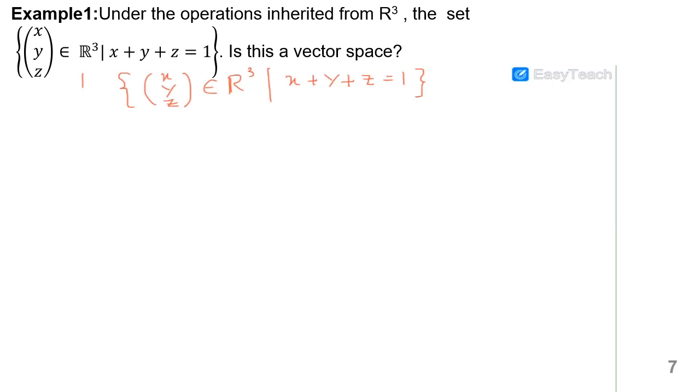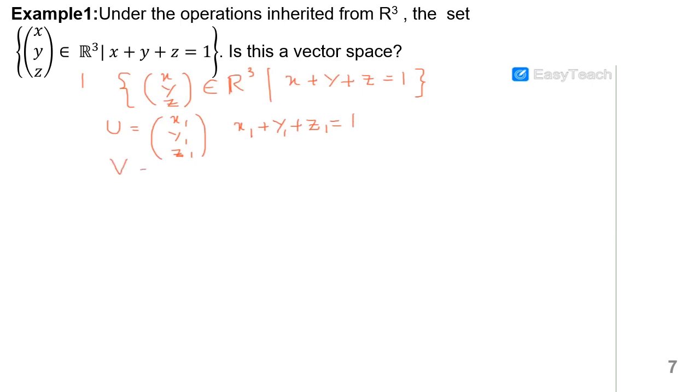Let us try to define U as the set x1, y1, z1 such that x1 plus y1 plus z1 is equal to 1.